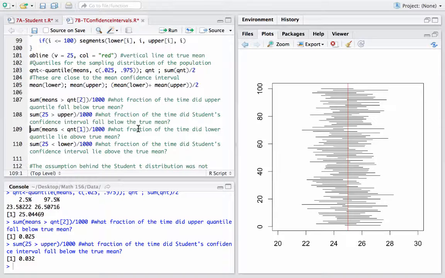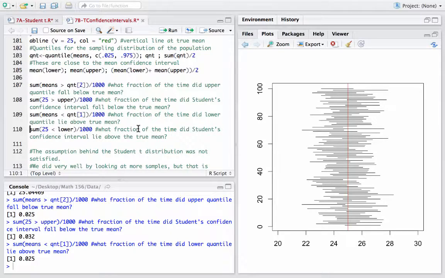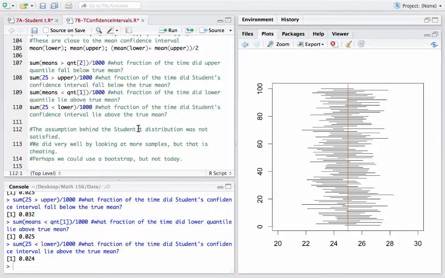And we can do the same thing for the lower confidence interval. So again, 2.5% of the time is just what we expect for the true distribution, but for the student's confidence interval, it was actually slightly better. And that's probably a function of the fact that the reason this goes wrong is because the gamma distribution is skewed. So on one side, it's kind of nice and normal-ish, and so the lower interval works out.